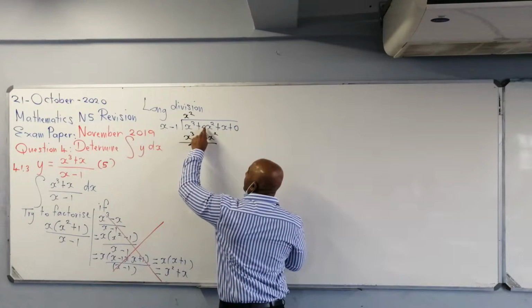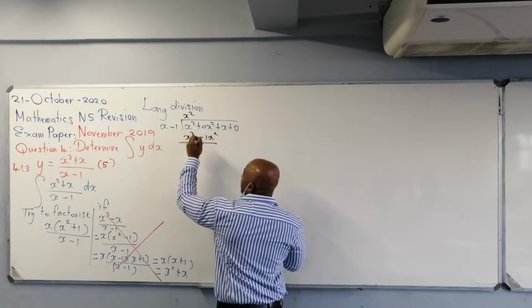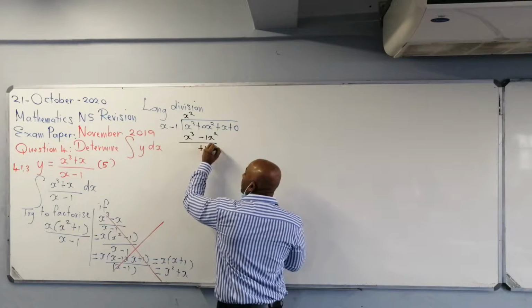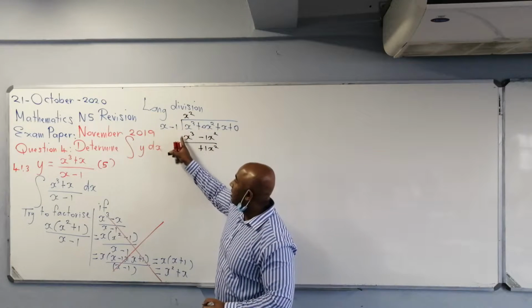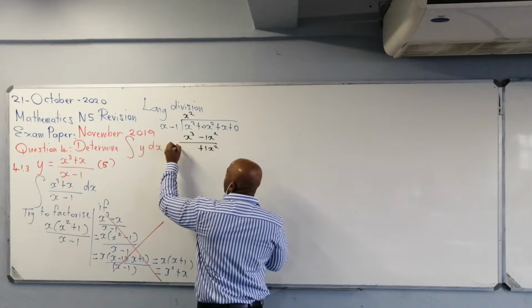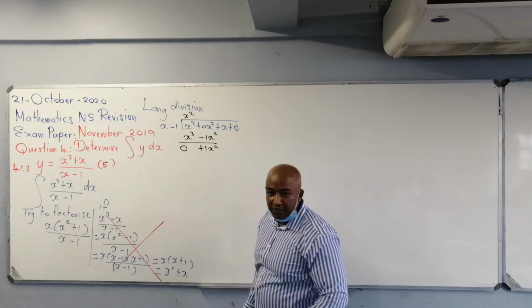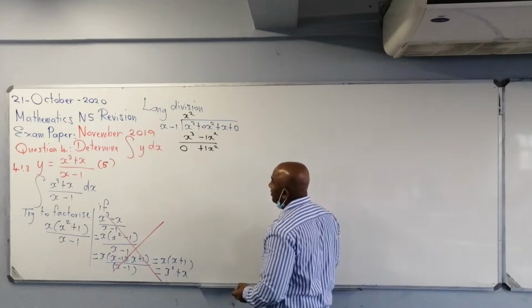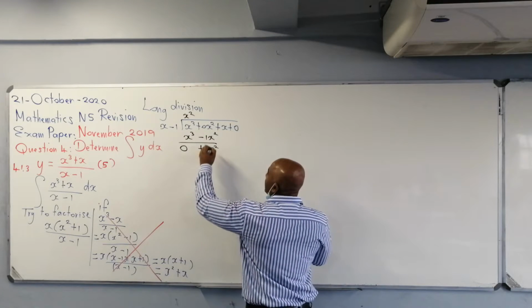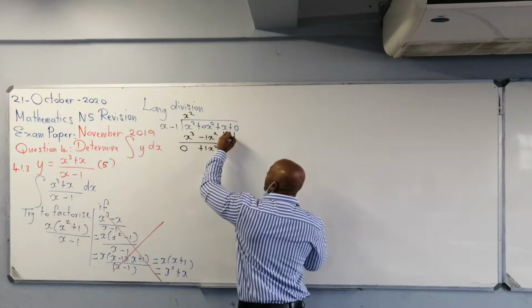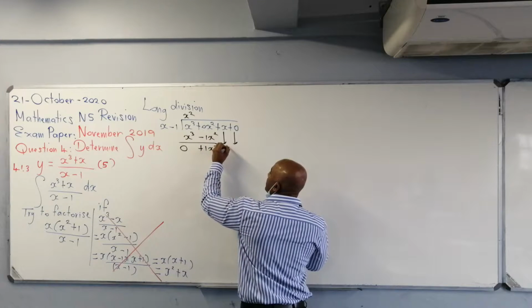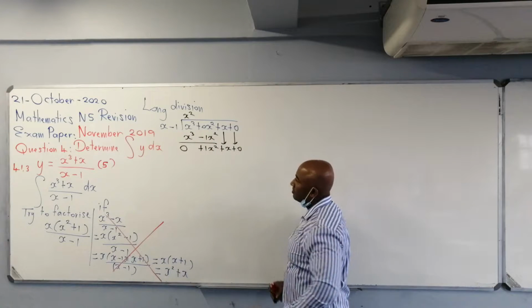So therefore it's 0 minus minus 1, which is going to be a positive 1 x squared. Top minus bottom, that is going to be a 0 x cubed, which is 0. So what do you do next? You bring down. So you bring down the remaining terms, which is plus x plus 0.